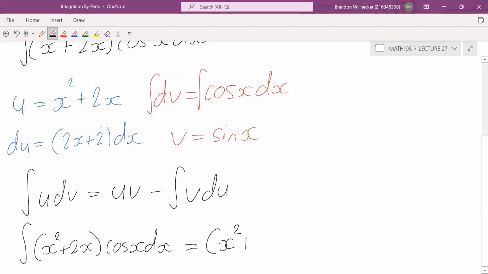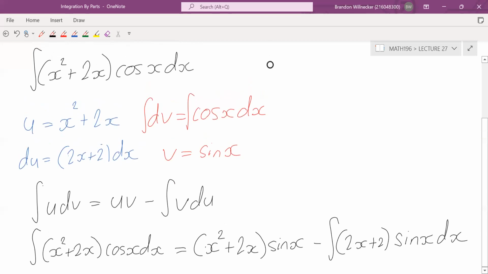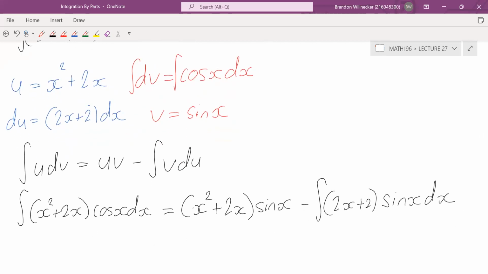So that's (x squared plus 2x) sine x minus the integral of v du. So that's going to be (2x plus 2) sine x dx. Okay, so it's definitely simpler than what we had before.